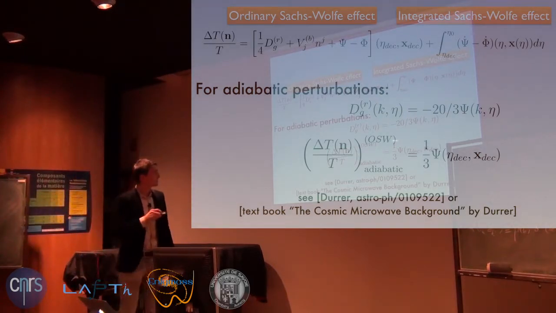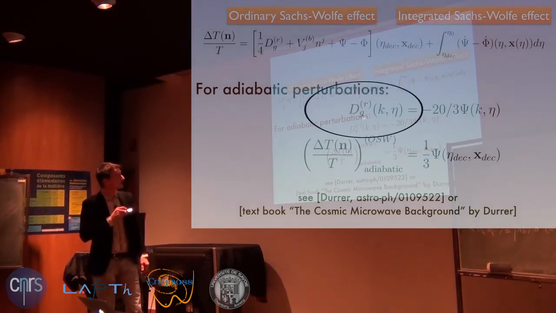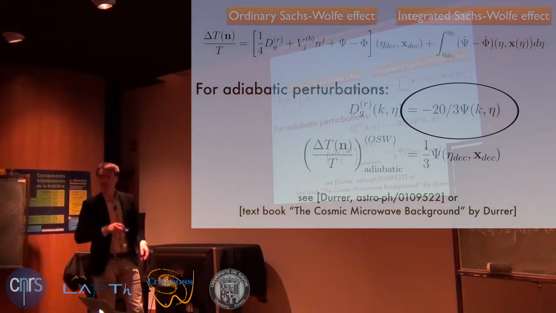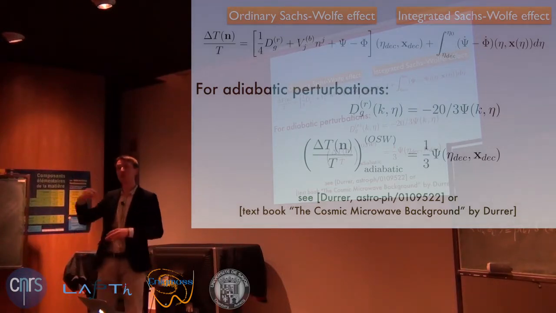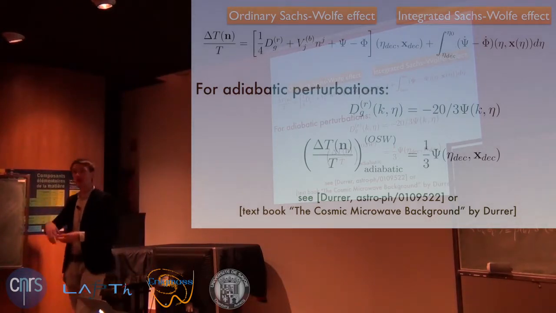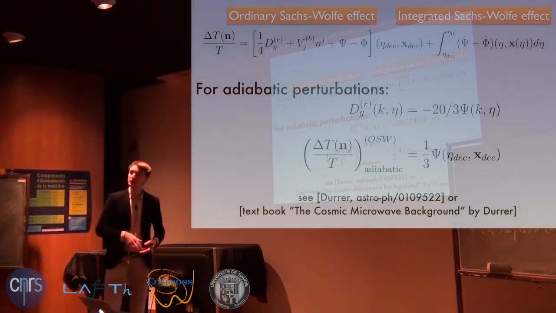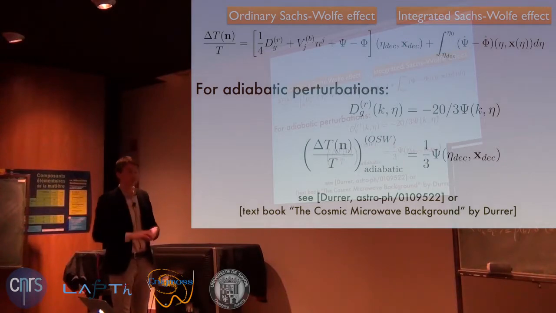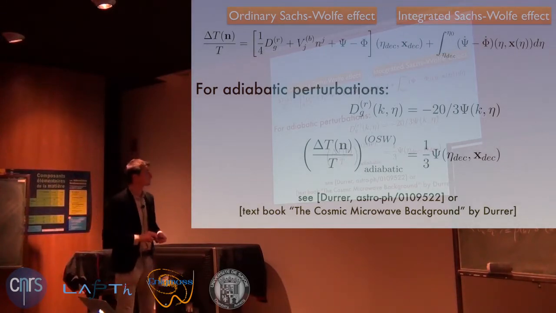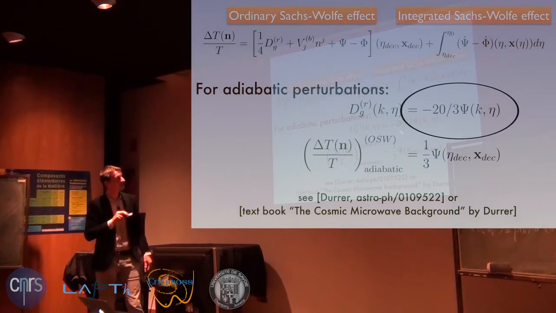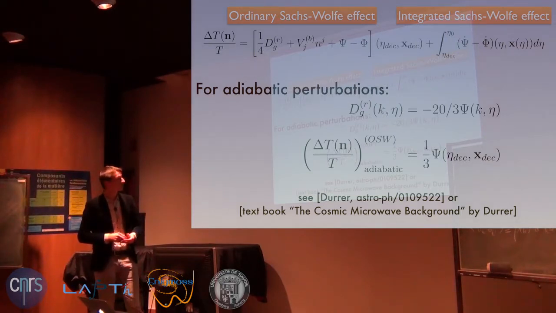So if perturbations are adiabatic, then the density in my photon gas is directly related to the value of the gravitational potential. Because I have more photons, I have more matter overall, I have a deeper gravitational potential. If I have fewer photons, less matter overall, a less negative value of the gravitational potential. So the photons are directly related to the value of the gravitational potential.